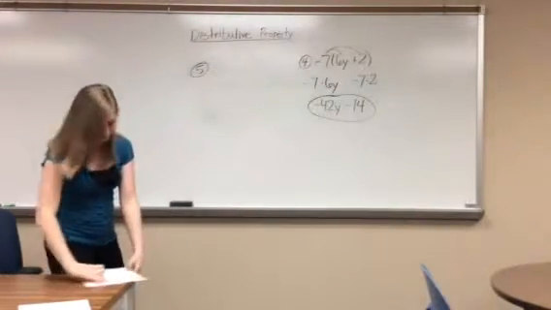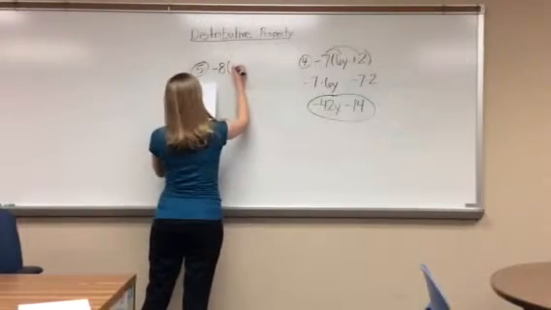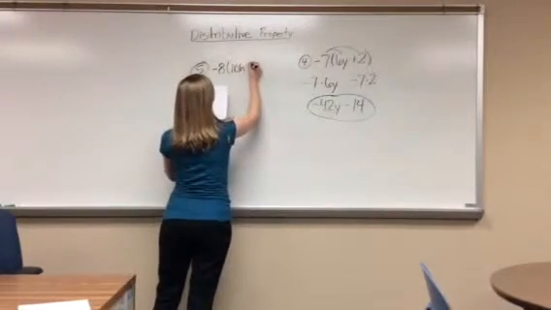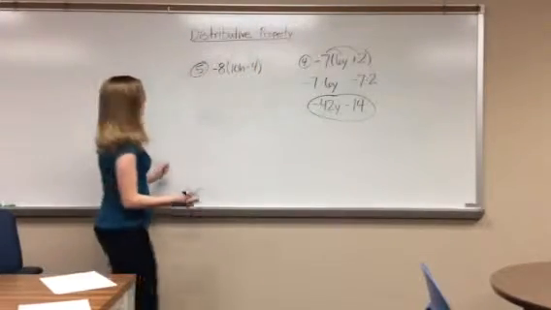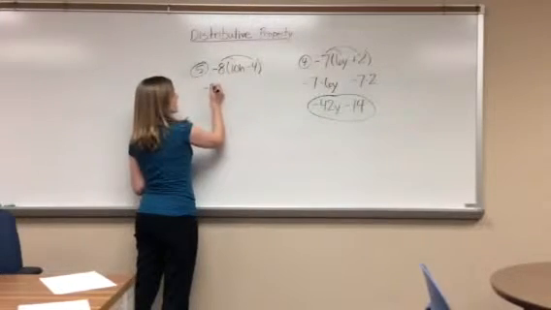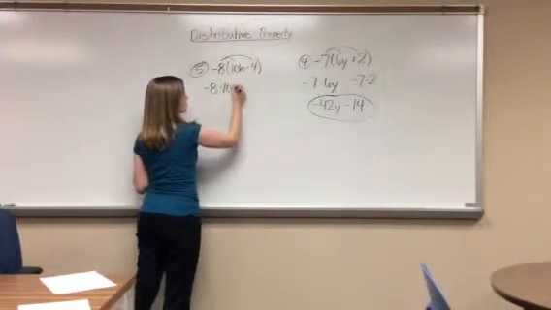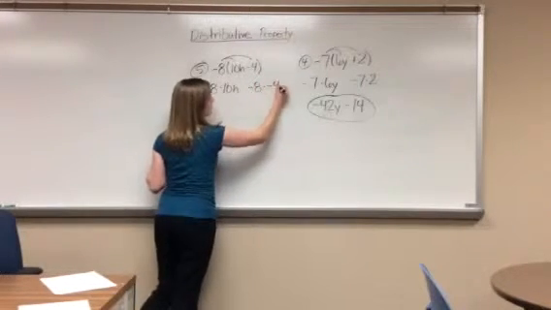Number 5. We have negative 8 parentheses 10h minus 4. Again, we're using the distributive property with a negative number. So we're going to have negative 8 times 10h and negative 8 times negative 4.